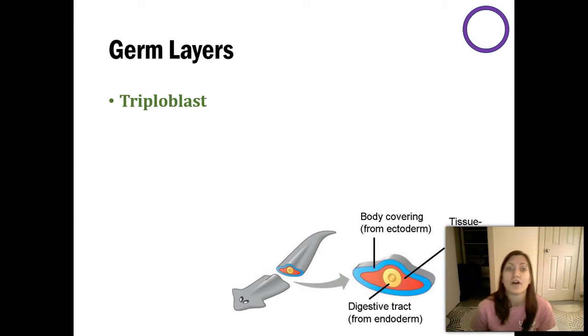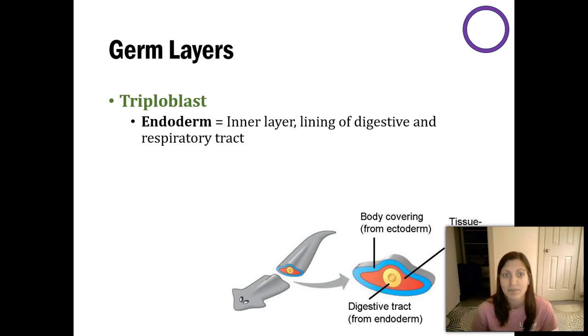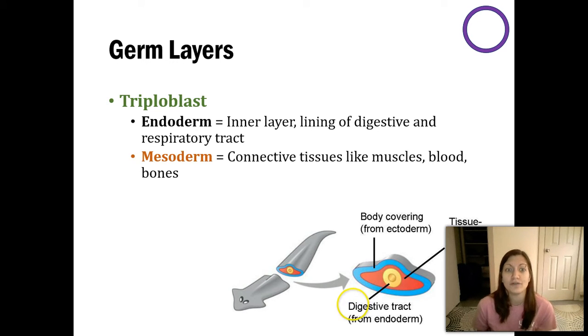Most animals are triploblasts. So they have an endoderm. Endoderm, just like our diploblasts, serves the same exact function. Inside layer, lines digestive, lines respiratory. So that's the same. Now, the next layer is a new layer, what we call the mesoderm. Meso means middle, and this is what's lacking in our diploblasts.